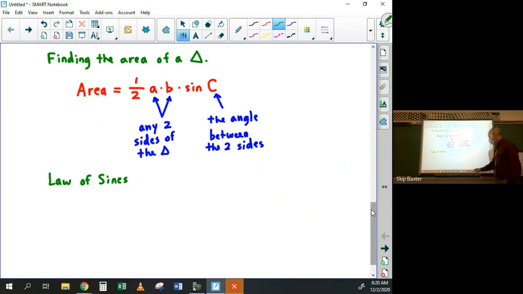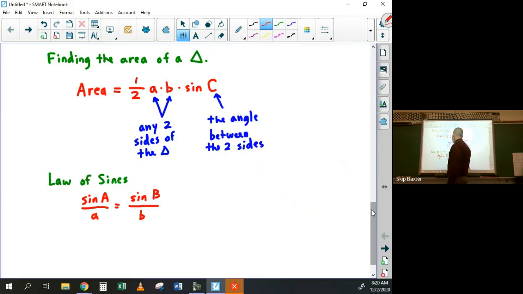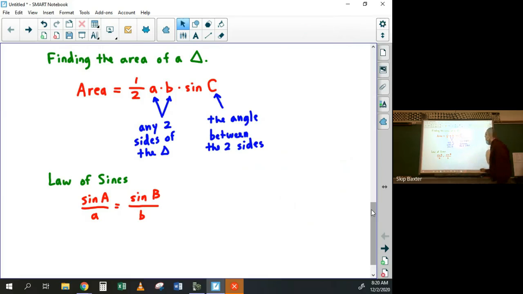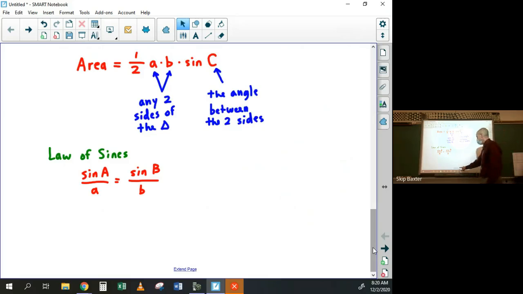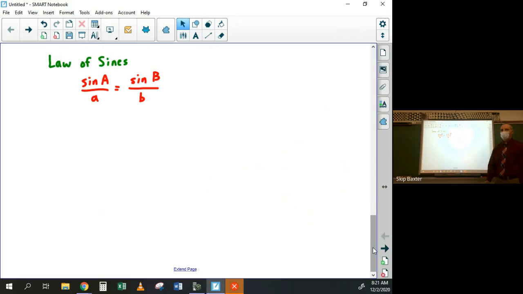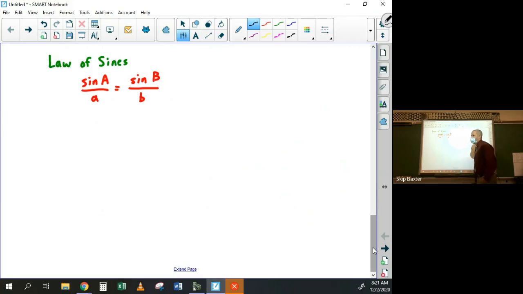The law of sines is sine A over A equals sine B over B. And in order to use the law of sines, you have to have a really specific structure of information also. You have to have a side and the angle that's across from it, and then a side and the angle that's across from it. So there's really two types of problems that were in Delta Math.